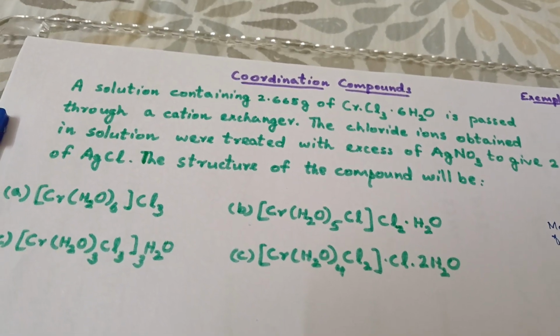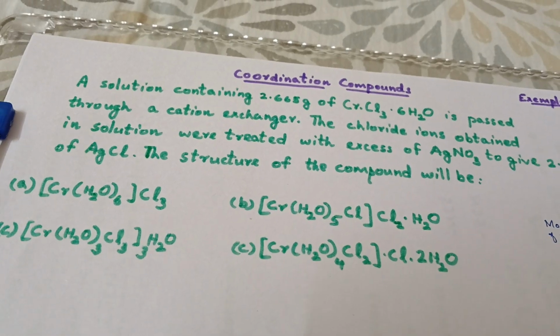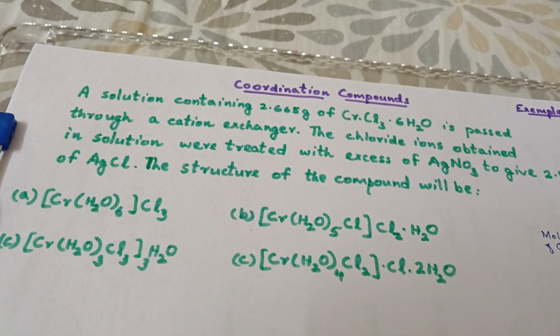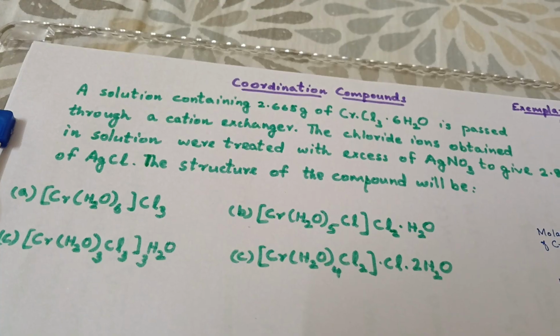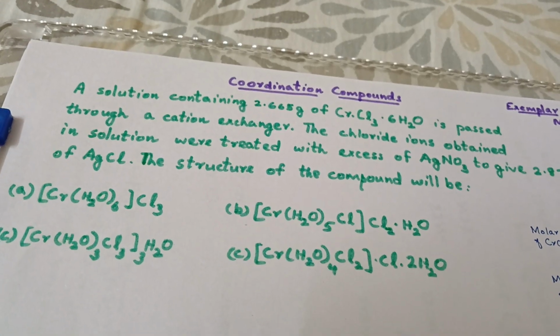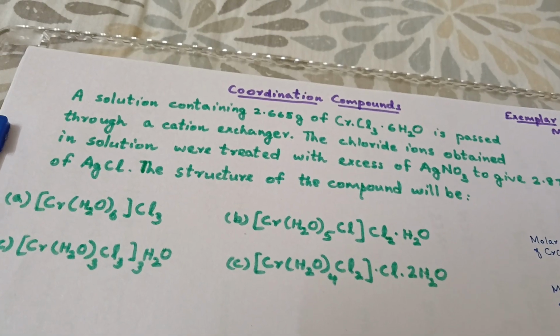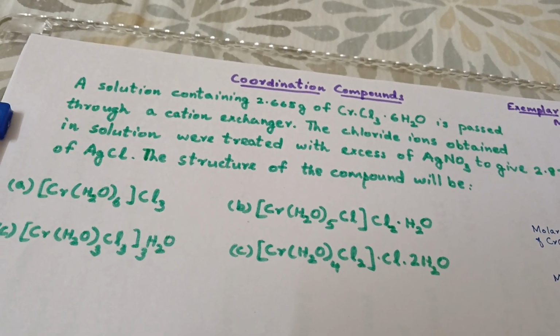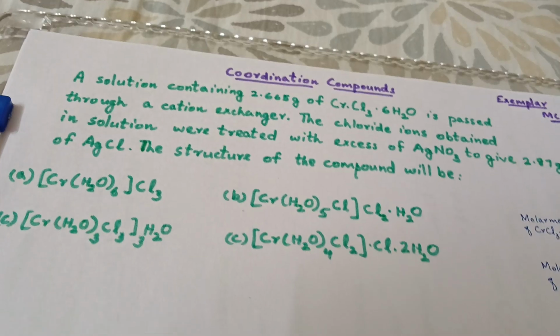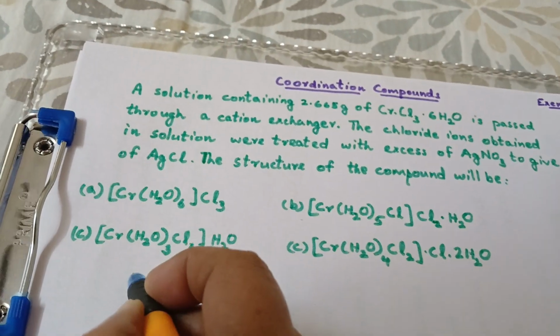So it is said a solution containing 2.665 grams of CrCl3.6H2O is passed through a cation exchanger. So how many moles of CrCl3.6H2O is present there?